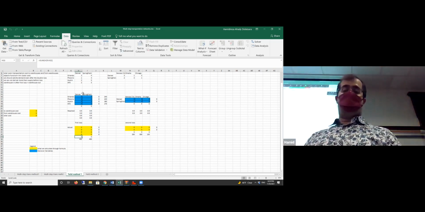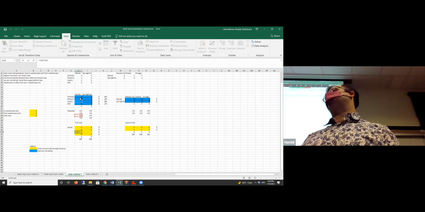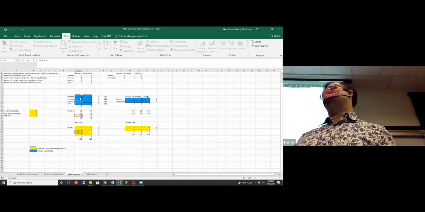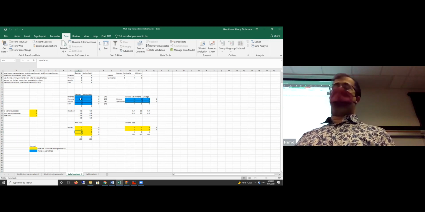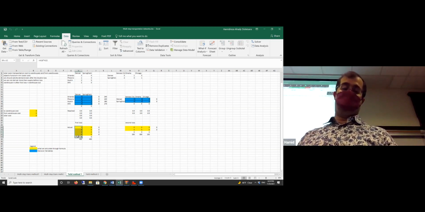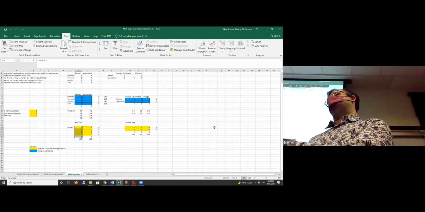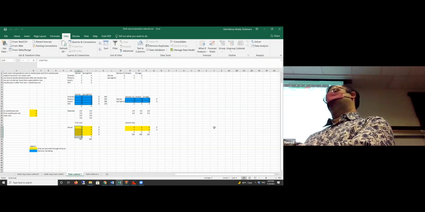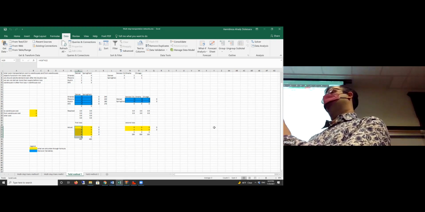Instead of summing up the blue cells, I sum up this yellow cell, because this yellow cell means those blue cells times 0.9. So whatever comes into my warehouse is whatever I send out, times 0.9.